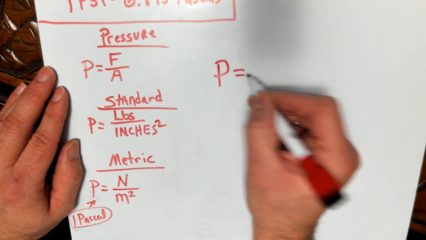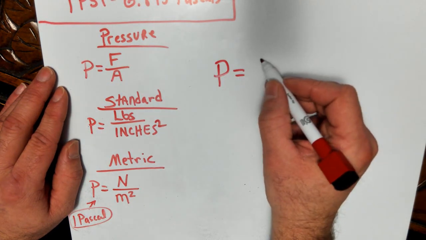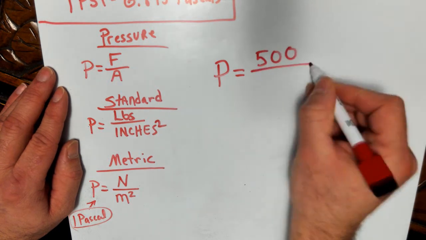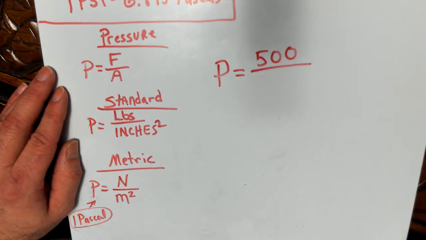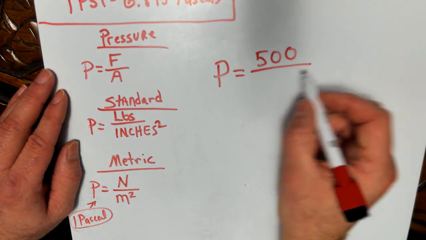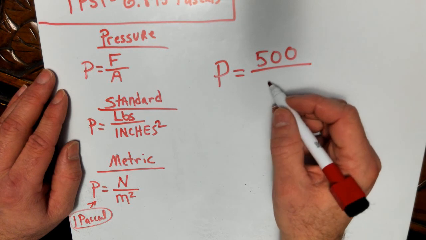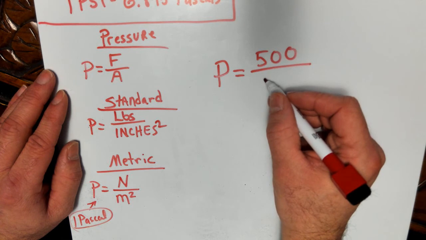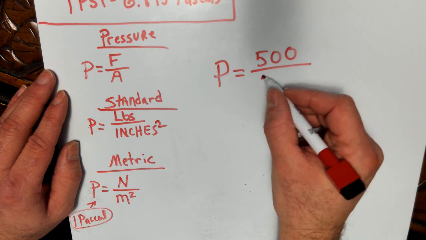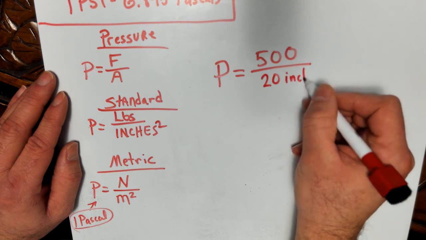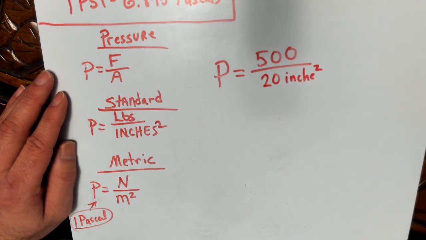So pressure, I've got, let's say, 500 pounds, setting on top of a cross-section area that is, we'll say, 20 inches squared. Okay.